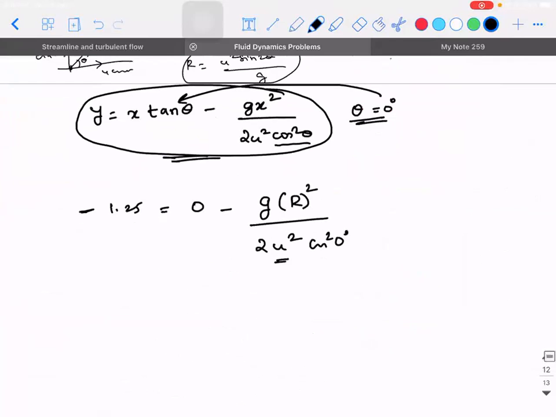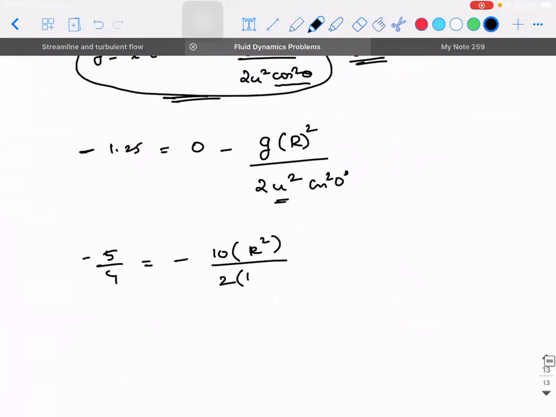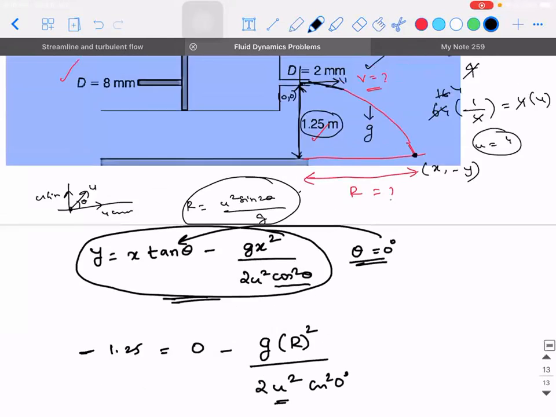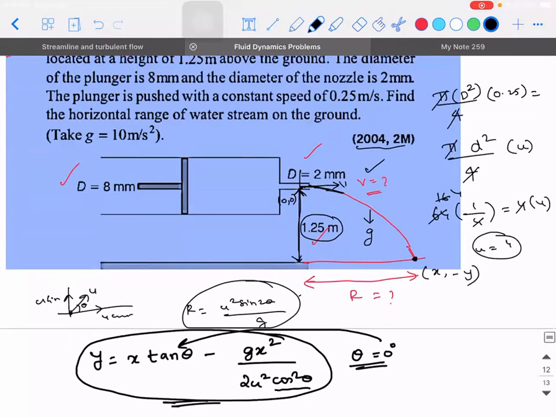If I substitute it here, minus 1.25 is how much? It is 5 by 4. Minus 5 by 4 is equal to minus 10 into r square divided by 2 into u square. u square is 16. Sir, 1.25 is taken in meters, no sir? Here it is okay. See, here I didn't convert because D square and d square, the millimeter would have got cancelled.